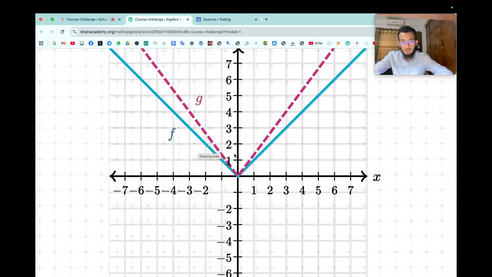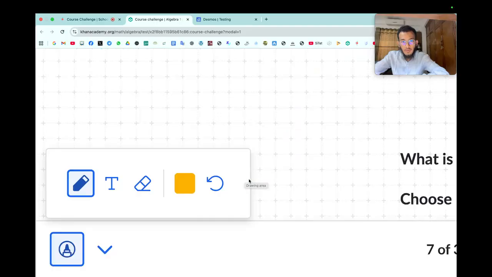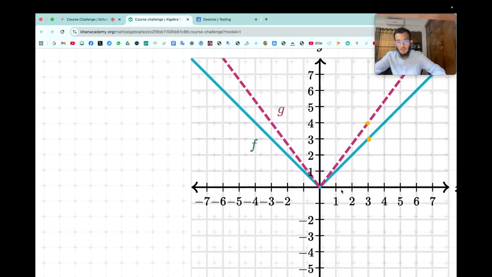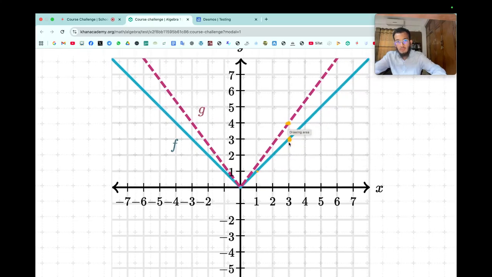In order to do so, we need a good value. So this is 4, this is 3. So what's the difference? For 1, it's 1, but we can't see here. For 2 it's 2, but we can see here for 3 it's 3, but it's 4.